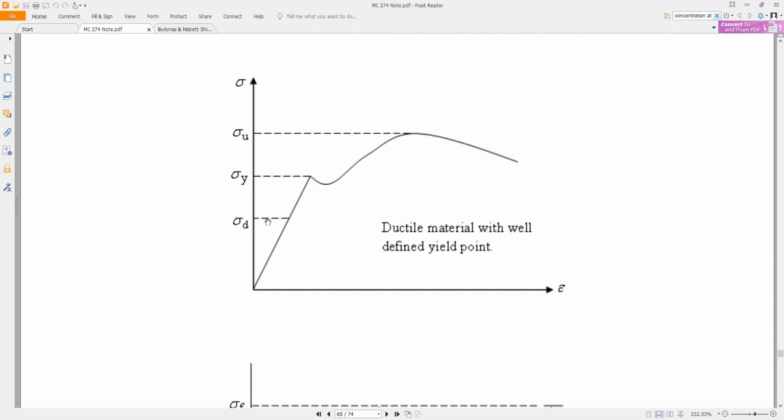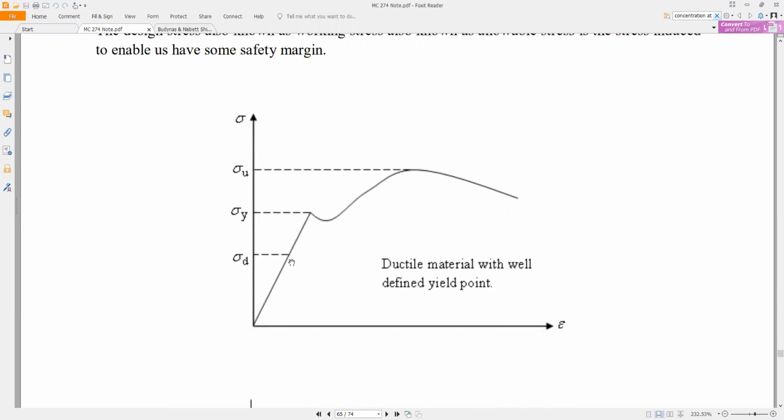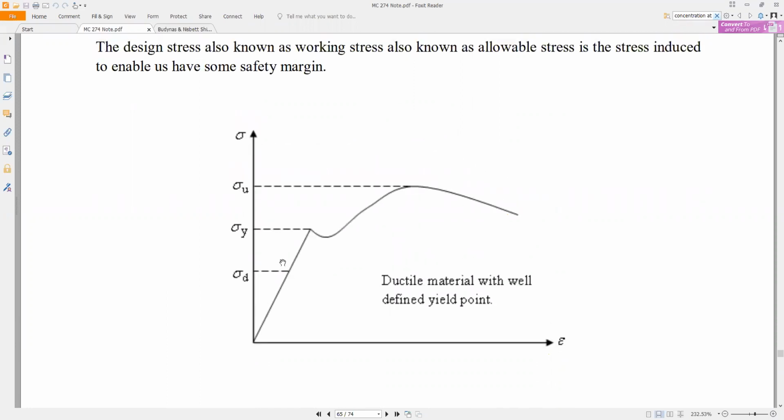But as we are designing, we want to ensure that the maximum amount of stress that the material will be subjected to will not be up to the yield stress. Because when we reach the yield stress, that means that failure is likely to occur at that point.